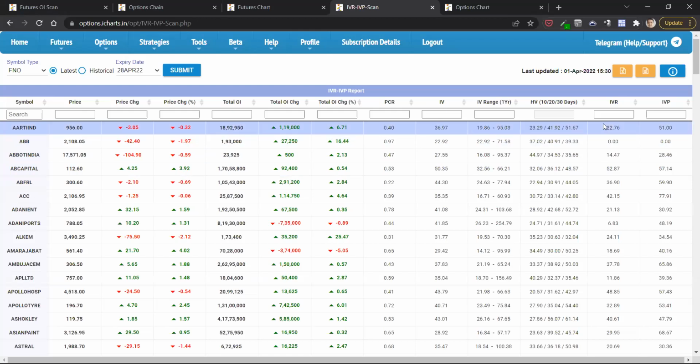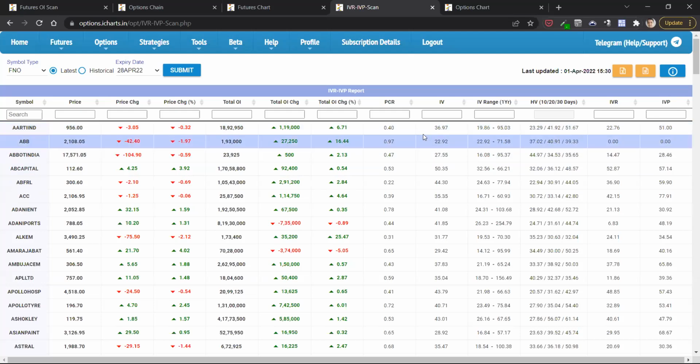So IVR is indicating that this particular IV is quite low. Once this goes above 40, 50, 60, then it starts getting high. Similarly, IVP tells you, on a percentile basis in this range, how many readings have been above this particular IV.